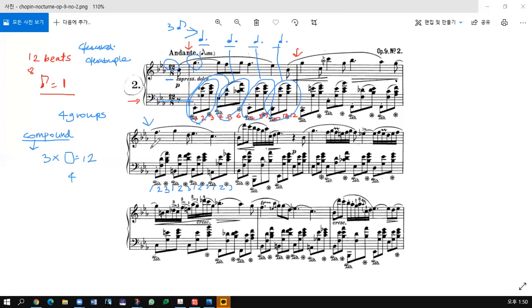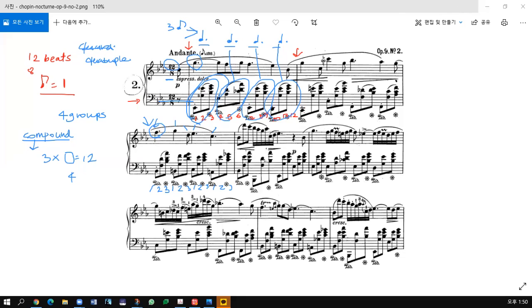But when you count each eighth note, like 1, 2, 3, 4, right? And then when you look at your right hand, this is 3 beats, right? So da da da di da da da da da da da da, because it has 3 eighth notes here. Okay, you're going to get there.